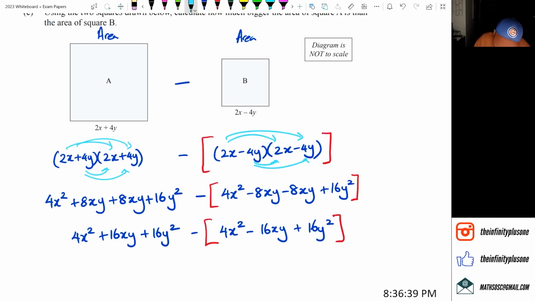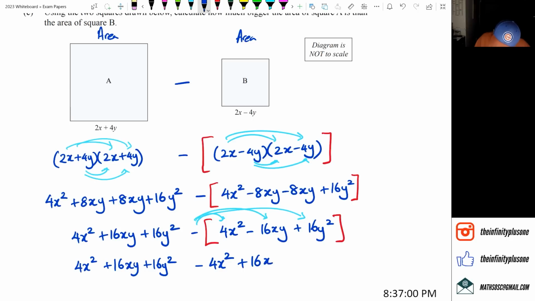Now, because of that negative sign in front of that red bracket, I've got to multiply that negative with all of these three terms. So I'm going to end up with 4x squared plus 16xy plus 16y squared minus 4x squared plus 16xy minus 16y squared.